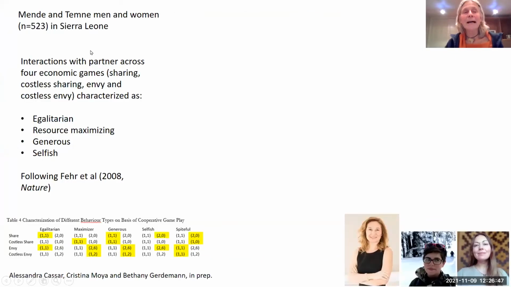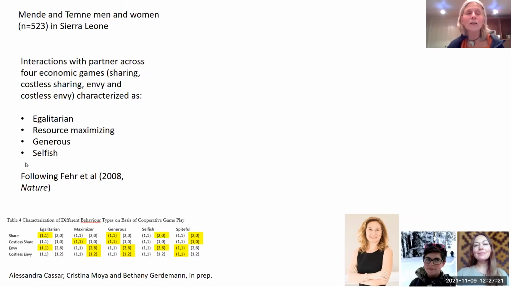In this respect, I've been working a little with Alessandra Cassar, Christina Moyer, and Bethany Gerdeman on some work with Mende and Temne men and women in Sierra Leone. This is a pretty polygynous area. Alessandra and Bethany were running experimental economic games to examine interactions with partners across four different games: a sharing game, a costless sharing game, an envy game, and a costless envy game.